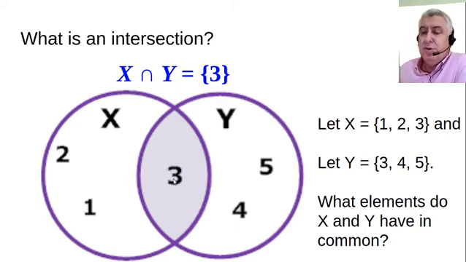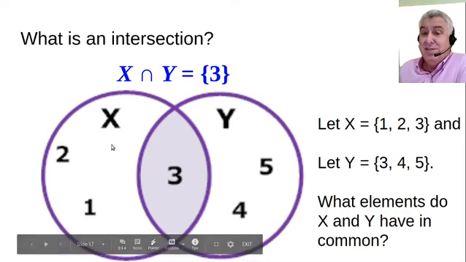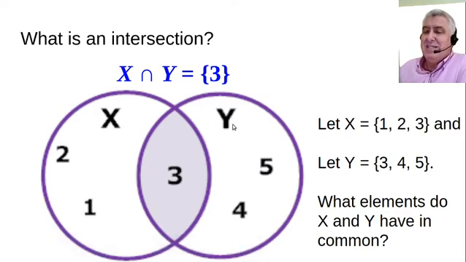So it is in both x and y, and that's going to be important. Remember that it's in both x and y, because later we're going to have another symbol when we do logic that looks very similar to that. That means and. There's a reason that they're the same, because it's in x and y, and the answer is 3. So this little upside down U.